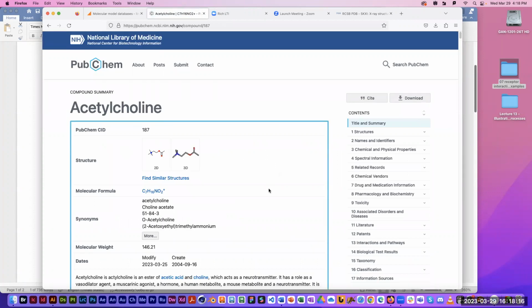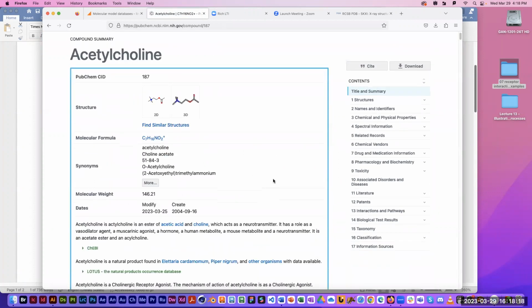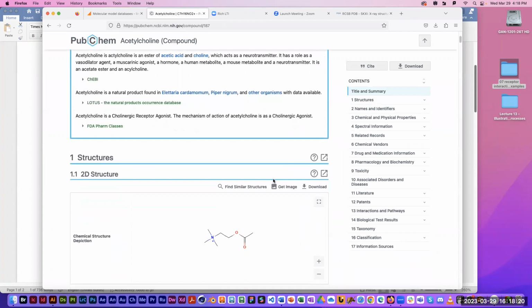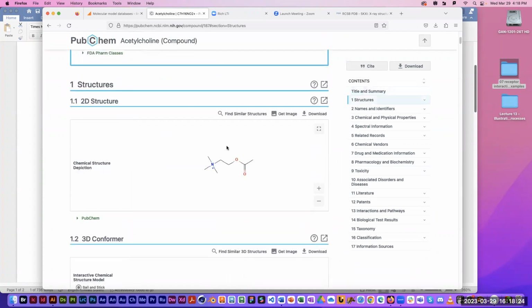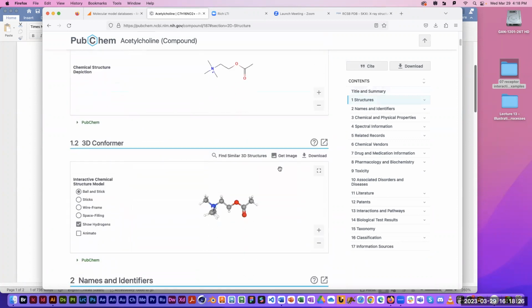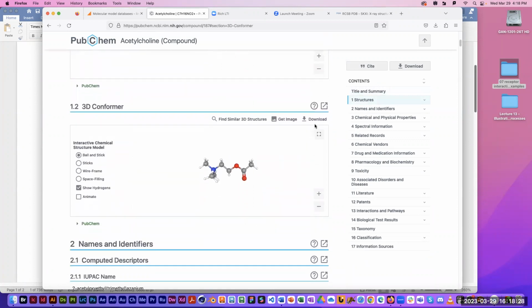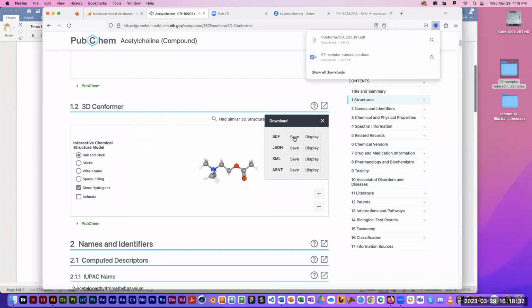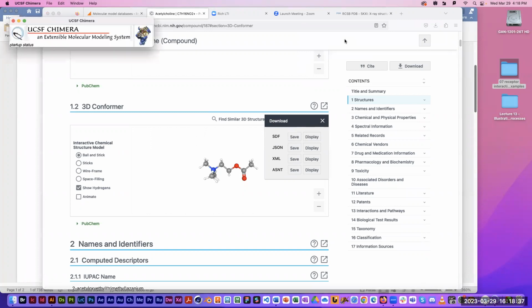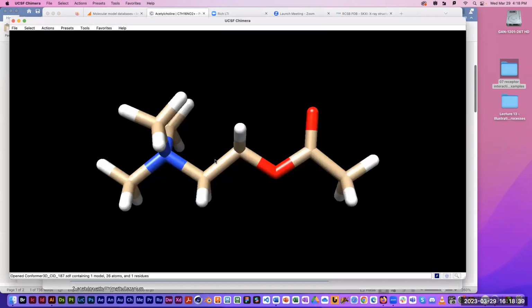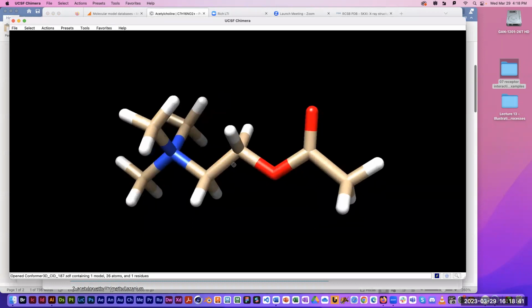But here in PubChem, we can get our model of acetylcholine. Remember, don't download the 2D structure. You want to come down here to the 3D conformer, download that, save it as an SDF file. And if we open that in Chimera, see, that's what acetylcholine looks like.